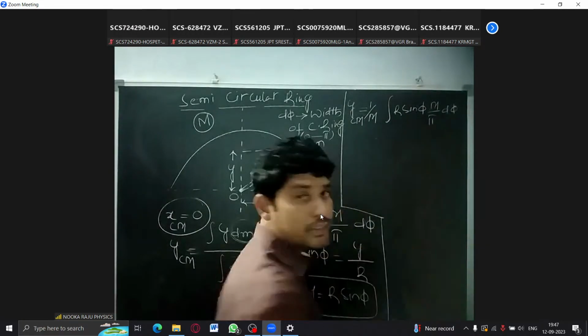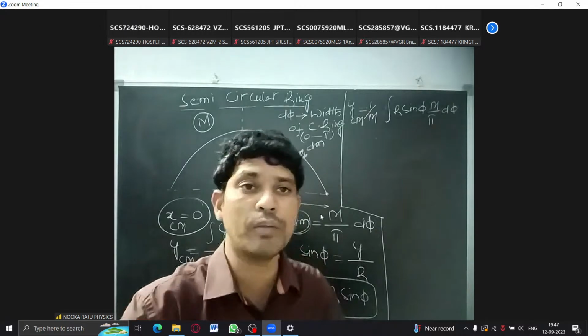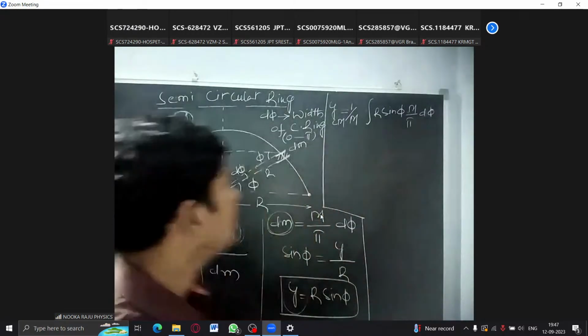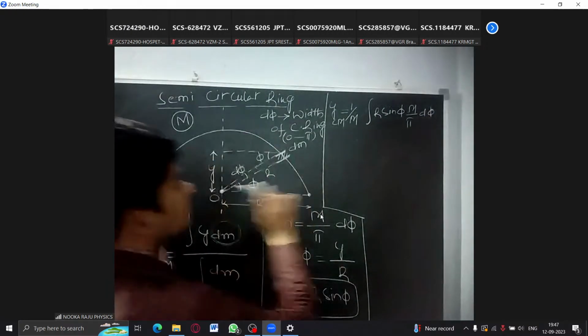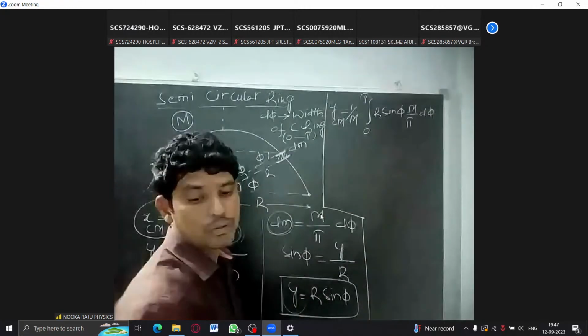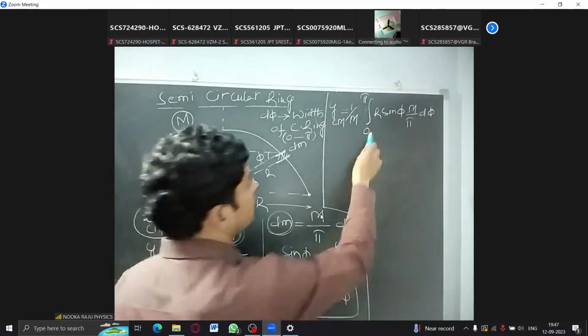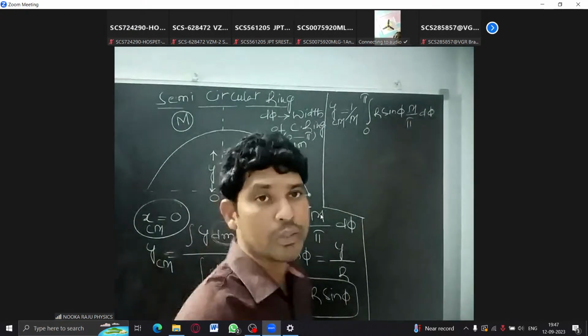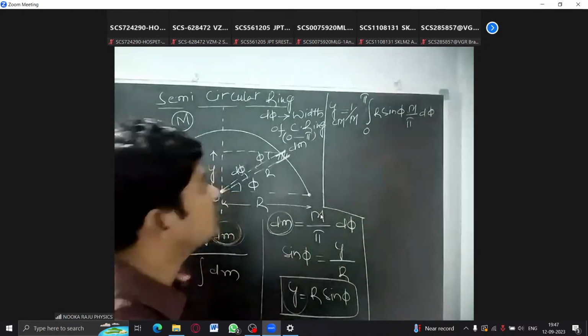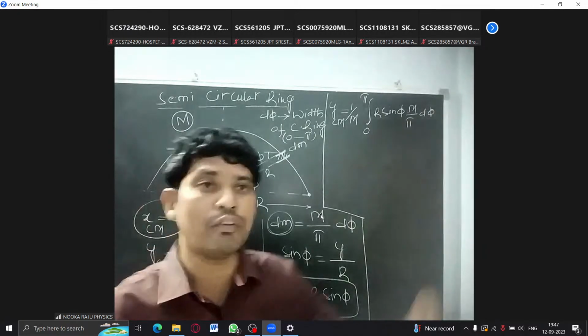What are the limits here? What is the phase angle here? From 0 to pi. So the lower limit equals 0 and the upper limit equals pi. Simplify this value. Students, are you following?